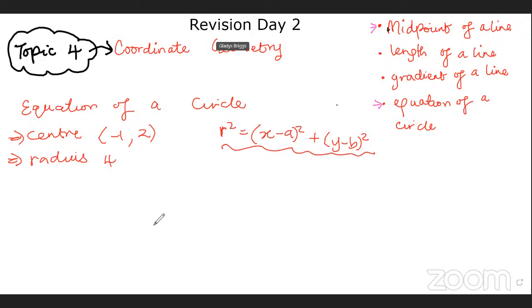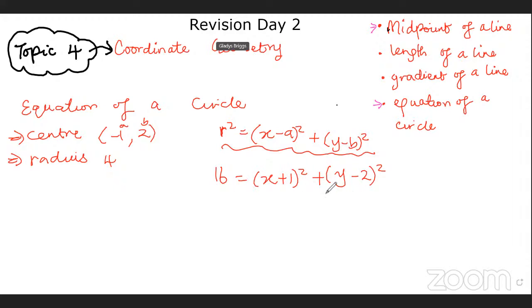In terms of this one, r is 4, so it's going to be 16 because 4 squared is 16. 16 is equal to (x minus -1), this is a and this is b here, so minus -1 is plus 1, squared, plus (y minus 2) squared.